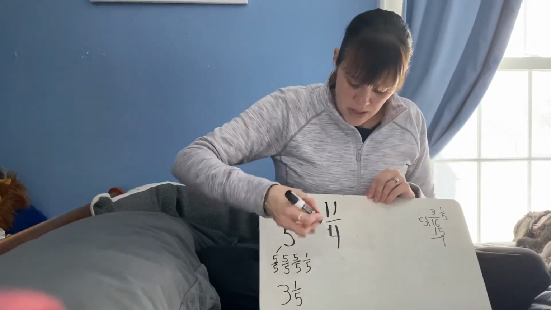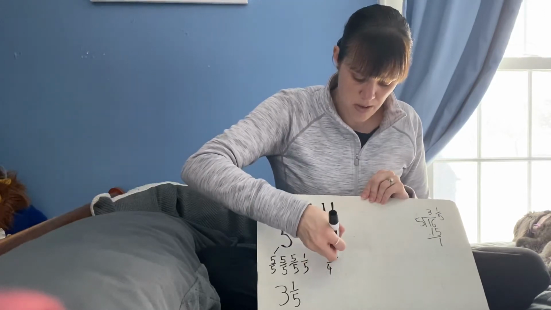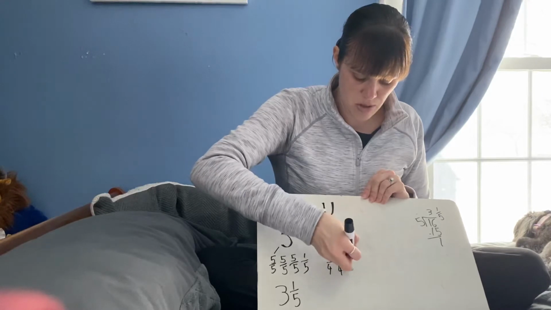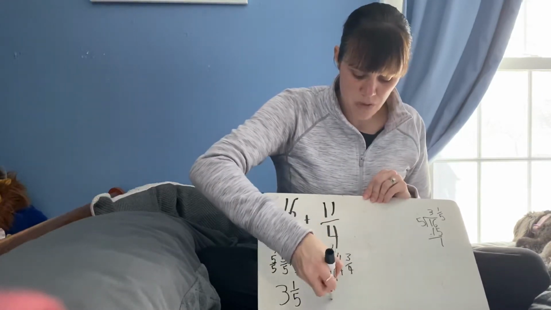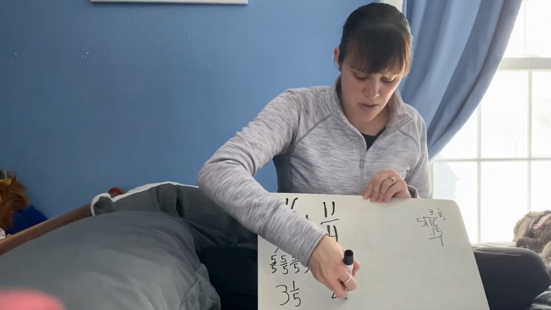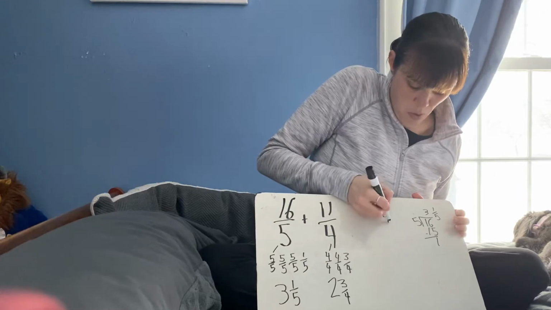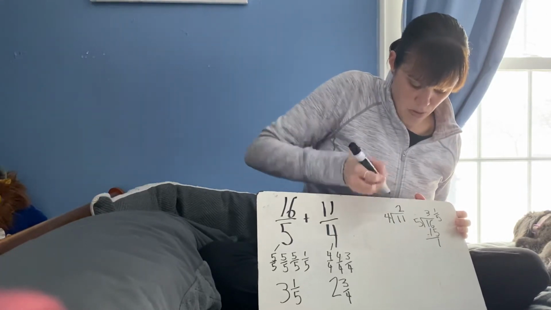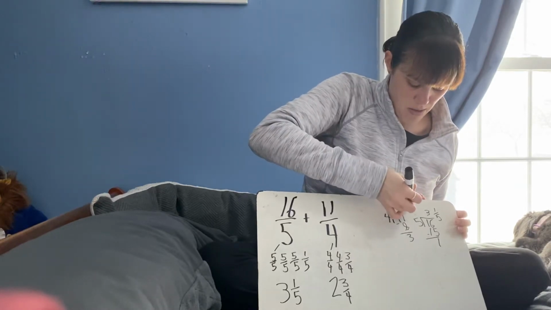And then let's do the same. We have 4/4, 4, 8, no, 12 is too much. So 4 and 4 is 8, 9, 10, 11. So that means we have 2 and 3/4. Okay, but remember you can go 4 into 11, 2 times 4 is 8, subtract, you're left with 3, 3/4.